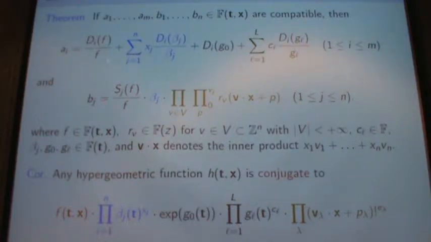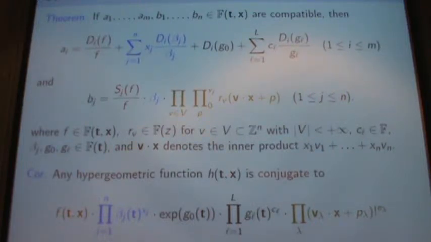So let's make a remark. Here the red part goes to the rational function, and the blue part goes to these symbolic power functions. And this goes to the black part, and this brown part goes to here. You can translate this by the correspondence between the certificates and the hypergeometric functions.